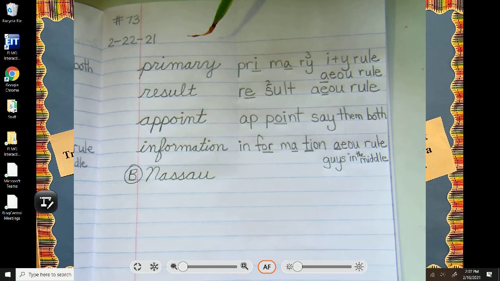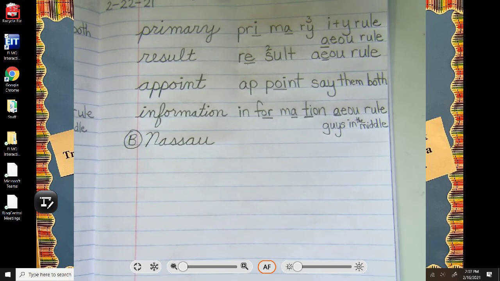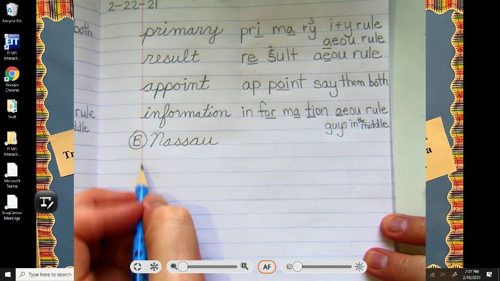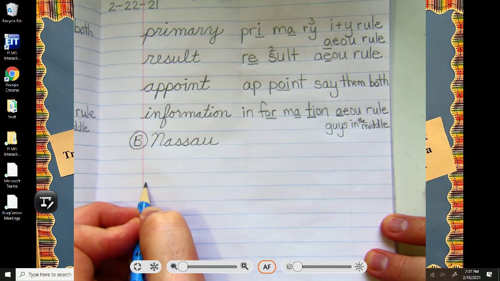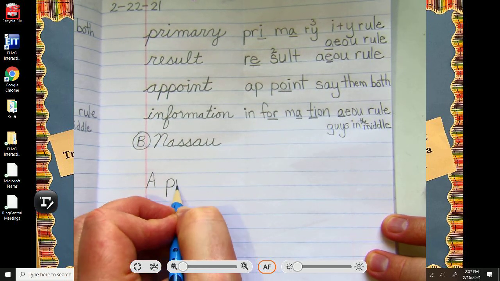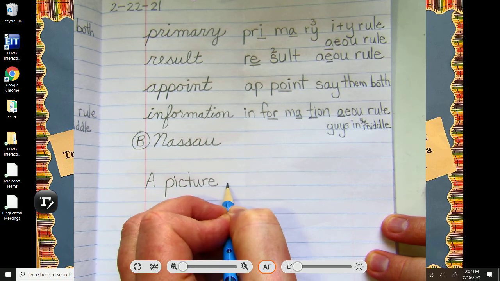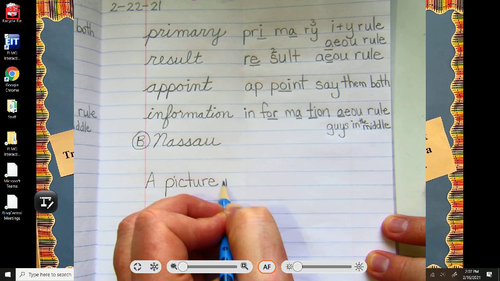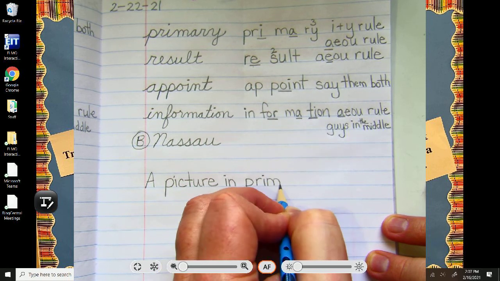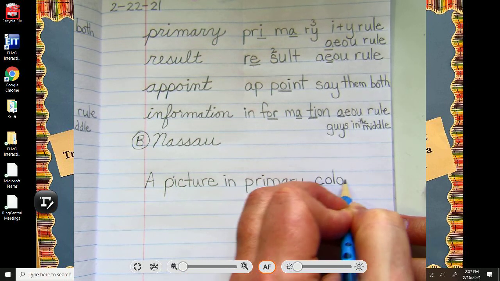Then, if you would like to, down here at the bottom, optional enrichment, if you would like, you could create a picture, a scene, an item, in the 3 primary colors.